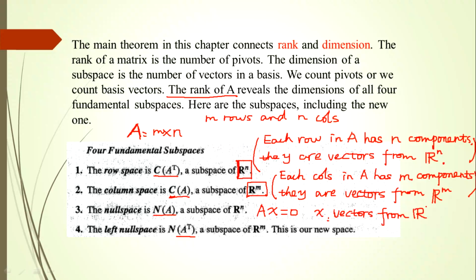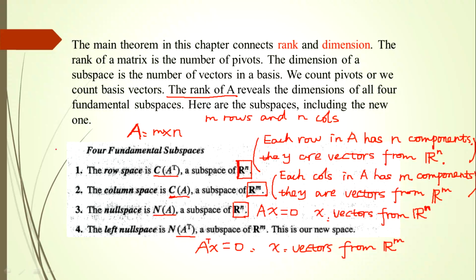So the null space consists of the solutions to the linear system Ax equals 0, and that is a subspace of Rn. In a similar way, think about the null space of A transpose, the solutions to A transpose y equals 0. In this linear system, y should be a vector from Rm. That's why this left null space is a subspace of Rm.